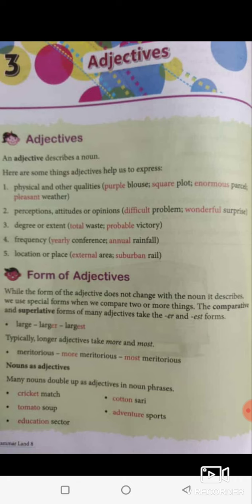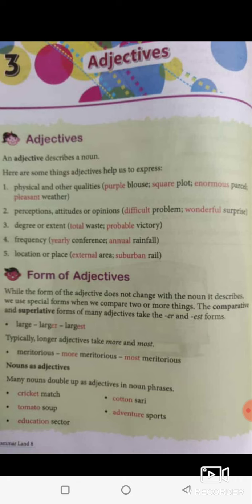External area. Suburban rail. Suburban in the sense outskirt, means outside the city it travels. Suburban rail. So these are the things that adjectives help us to express.